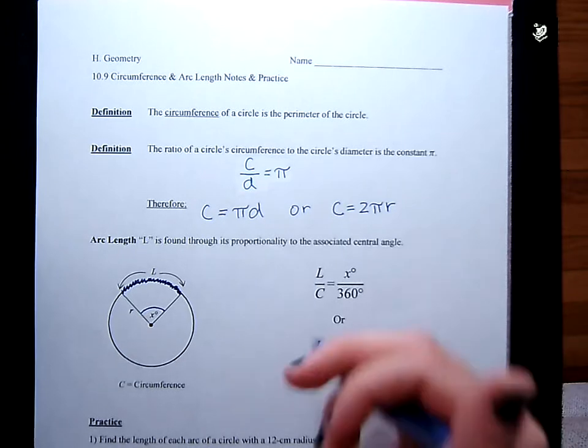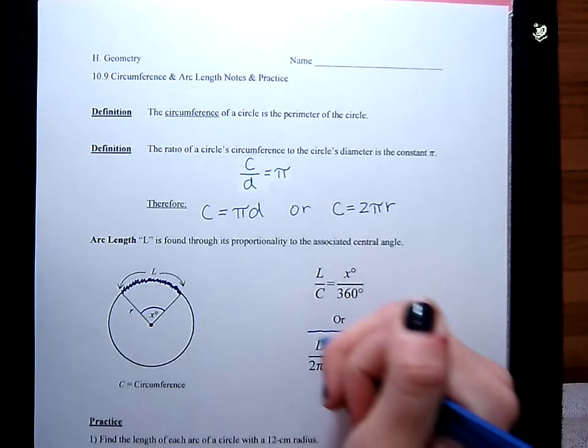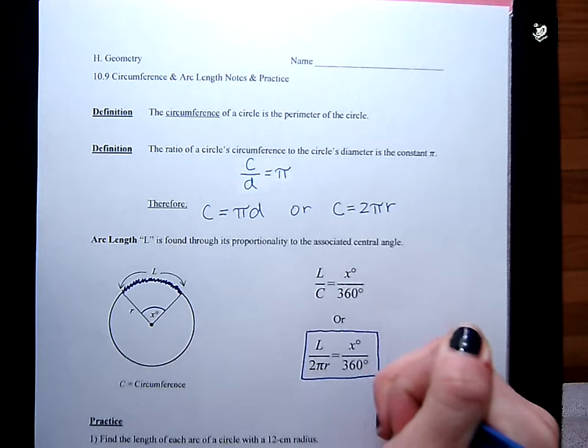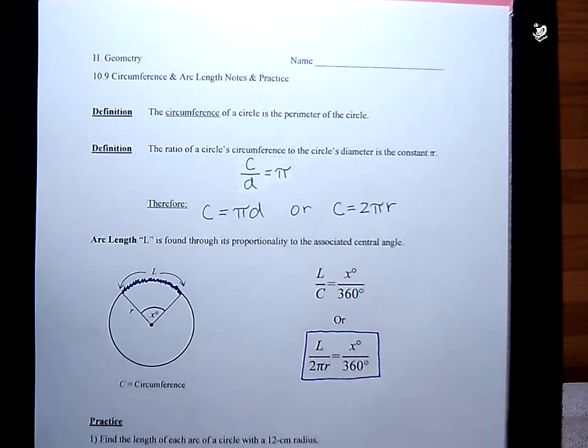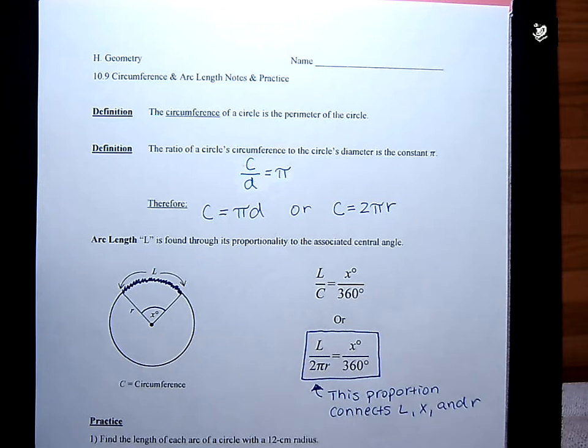And actually, this is the better formula that I use all the time. I don't put C. I typically just plug in 2 pi r. And that's because this specific proportion connects the arc length L to x degrees to r, which is the radius. So this is the one I'm going to be using more often.